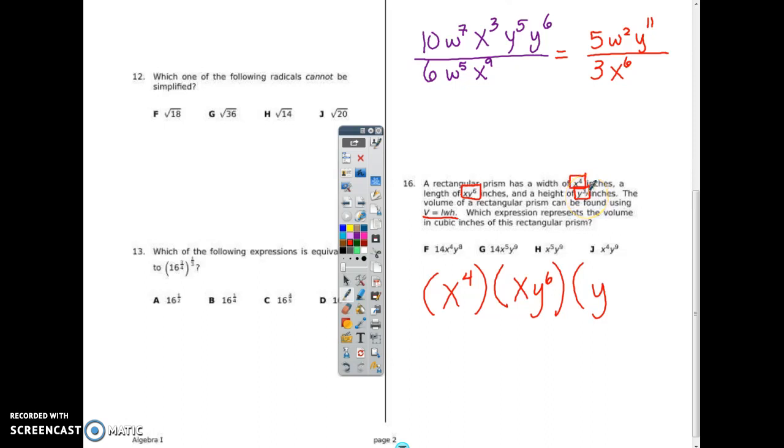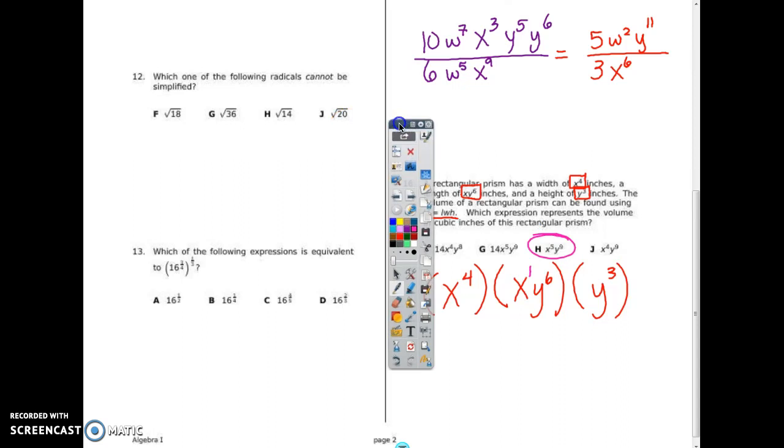Y to the 3. And then you just count. How many x's do you have? How many y's do you have? That's your answer. So how many x's? 5. How many y's? 9. The answer is H.